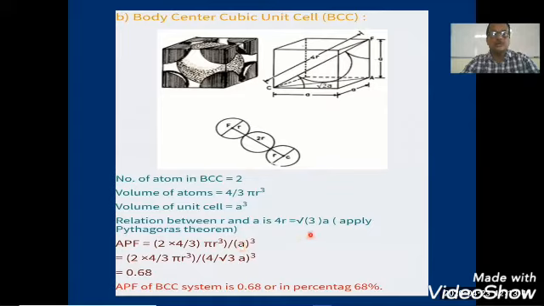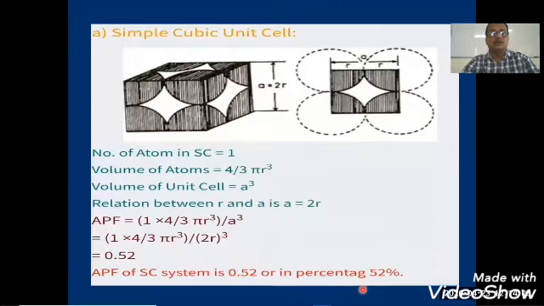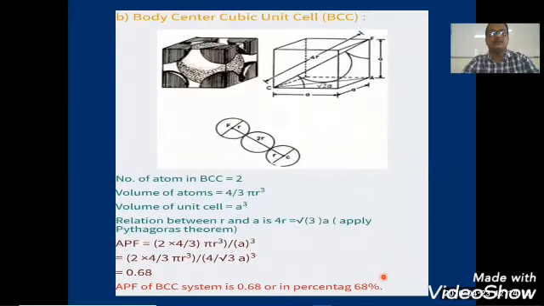So we substitute a as 4/√3 r. And this a must be r; some mistake is in the slide. So this should not be a, this should be r. Then r will cancel each other, and you will get 0.68. So in terms of percentage, it is 68%. So in simple cubic unit cell, 52% volume is occupied, and in BCC unit cell, 68% volume is occupied.